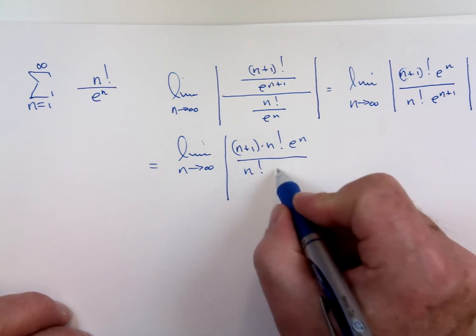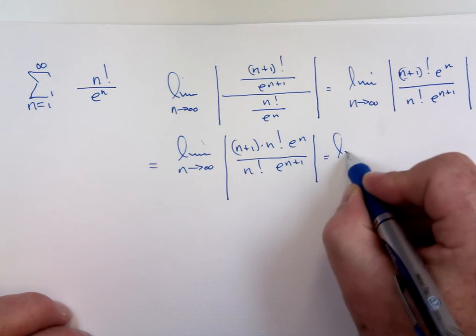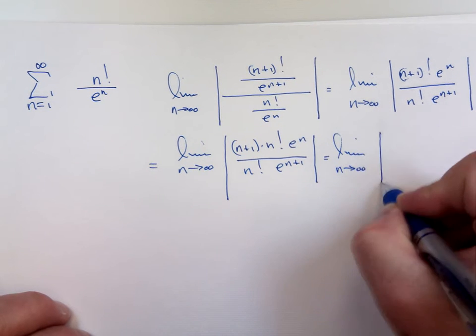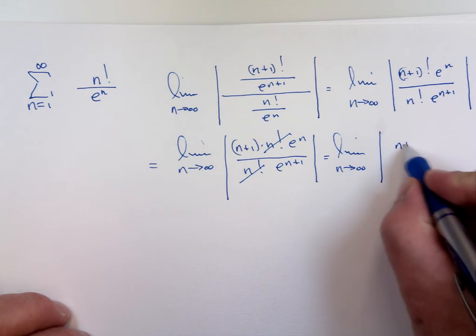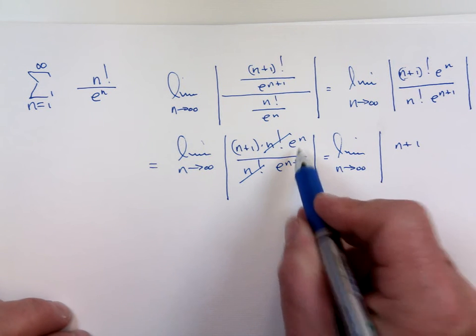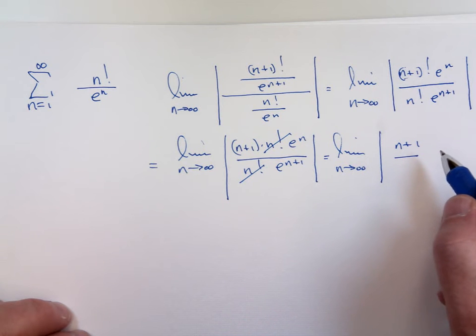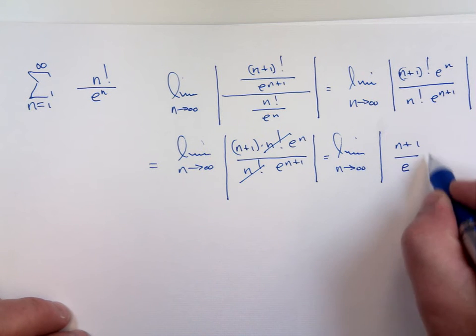Now, let's simplify. The n factorials cancel. I have an n plus 1. What's e to the n over e to the n plus 1? It's 1 over e. The e is down here. Subtract the exponents. What's the limit of n plus 1 over e as n goes to infinity?